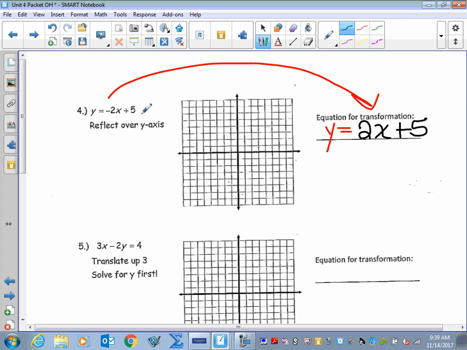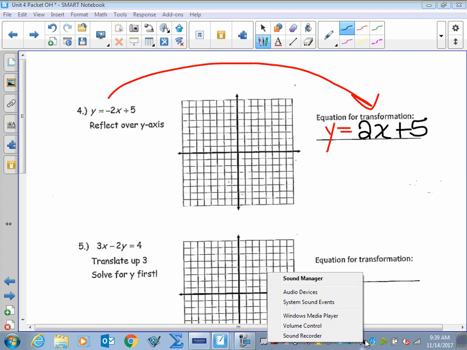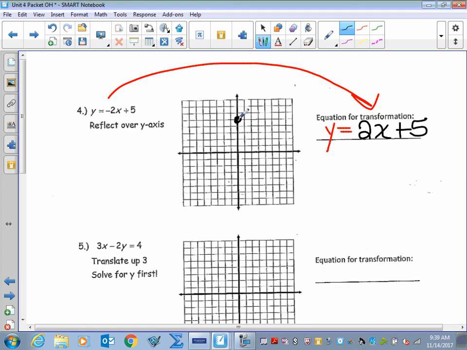So let's go ahead and graph the original first. I'm going to start at positive 5. And then I'm going to go down 2 to the right 1. Down 2, right 1. And that's my original. Then I'll do the transformation one.